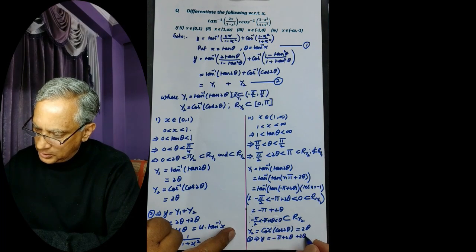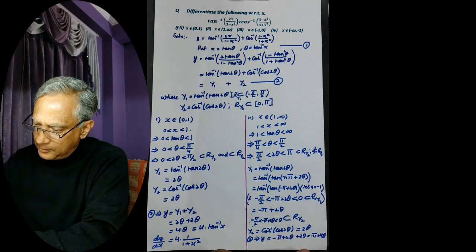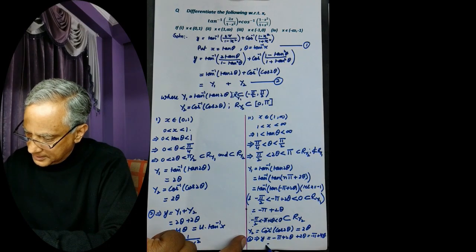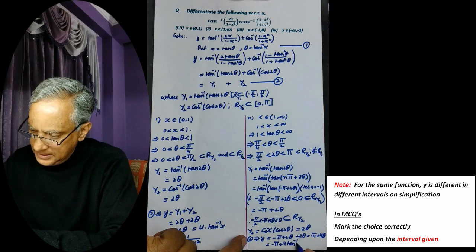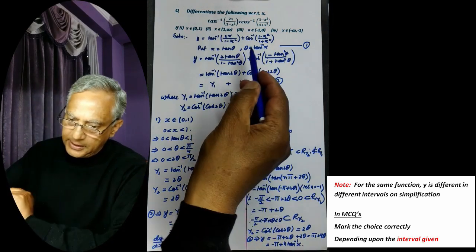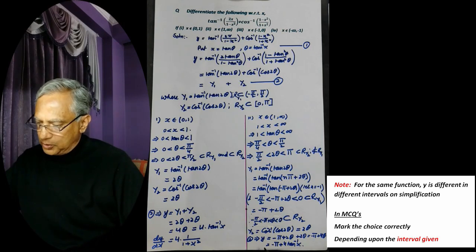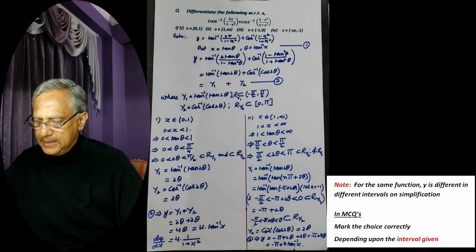So this is 2 theta plus 2 theta, and we have minus pi plus 4 theta. That is, this is equal to minus pi plus 4 tan inverse x, since theta is tan inverse x. So y is equal to minus pi plus 4 tan inverse x.